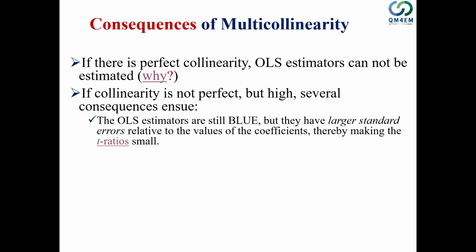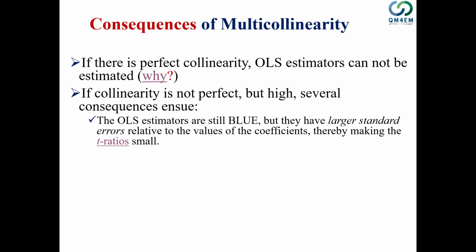The first one is that OLS estimators are still BLUE. We already know what BLUE is: best linear unbiased estimator. So if we apply the OLS method in the presence of imperfect collinearity, the OLS estimator will be BLUE. If it's BLUE, what's the problem?